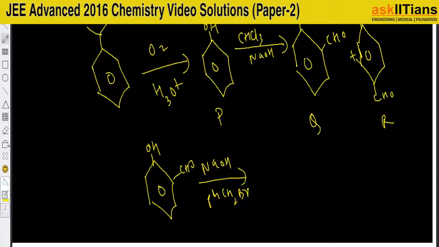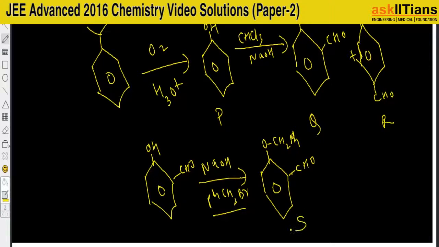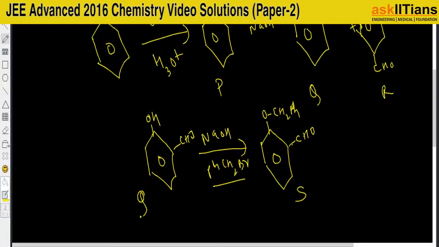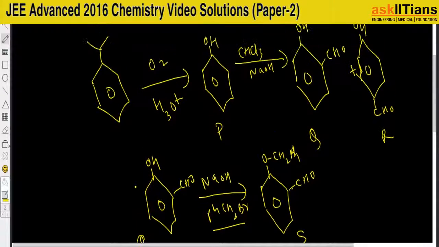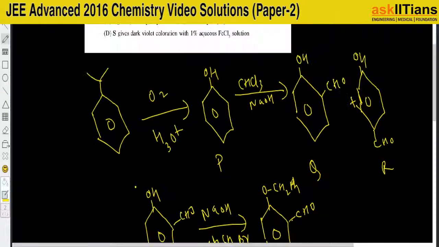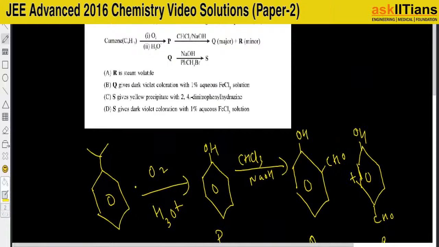First my OH will be replaced by ONa, and then the Na will be replaced by this group, PhCH2. So finally I'll get something like this. This is what I'll get, and this is your S. This was your Q. Now we have all the products, so let's see the options.